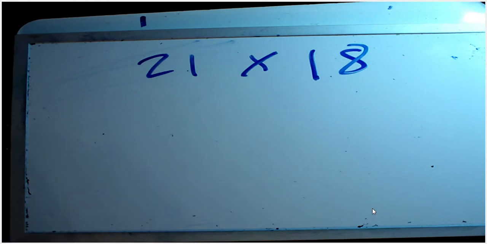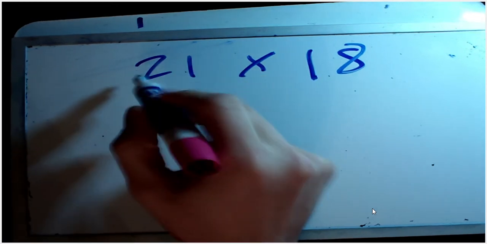So first, let's just look at how we would set up an area model for maybe the problem 21 times 18. When we are setting up our area model, with the factors of 21 and 18, and we're trying to find the product, we look at how many digits are in each factor. We know there's 2 in this one and 2 in this one.